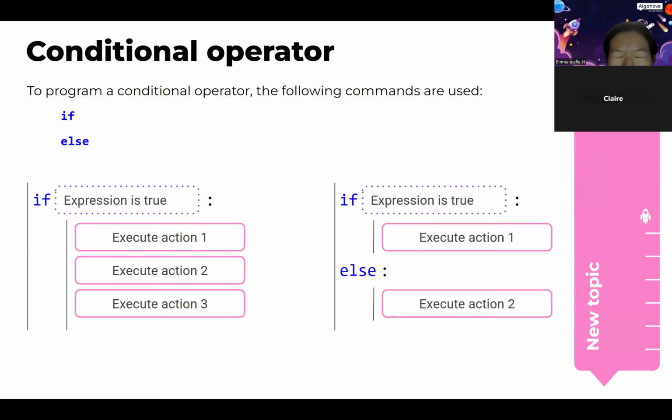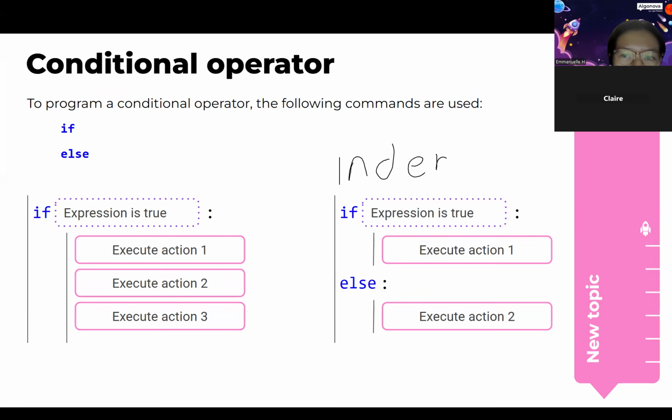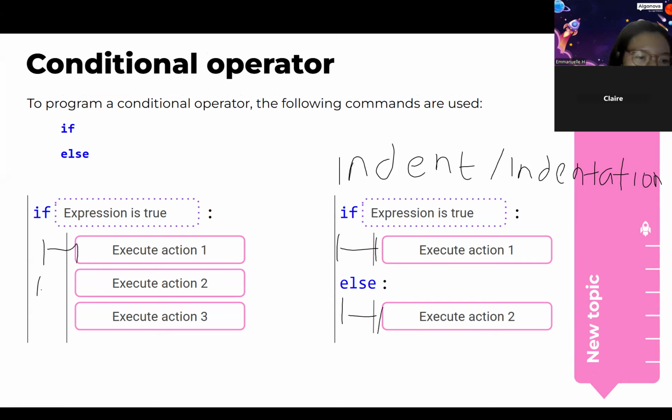So if you realize there is a tab or usually I call it indent, or indentation. So whenever I told you you miss the indentation, it means yeah you have to do one more tab like this. Yeah. So yeah, it works for Python.